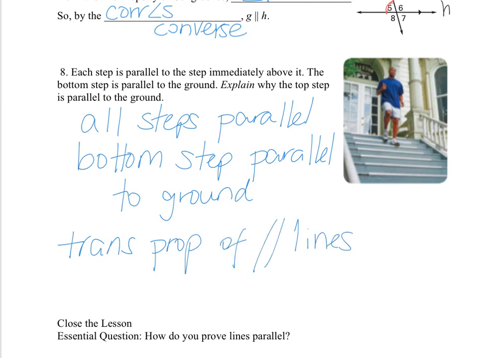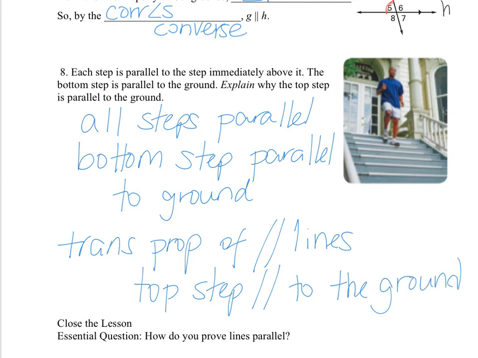Transitive property parallel lines. Top step. It's parallel to the ground.